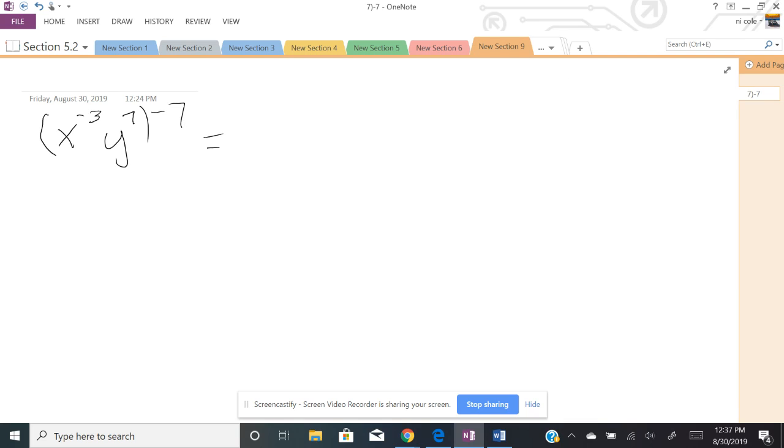All right, so I'm going to use my exponent rule. So I'm going to get x to negative 3 times negative 7. And then I'm going to have y to the 7th times negative 7. So that gives me x to the 21 times y to the negative 49. The only one I don't like is that negative 49, so I'm going to use the negative exponent rule to move it.